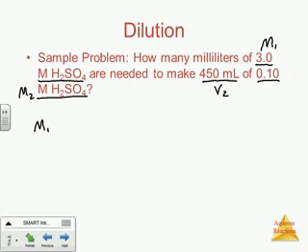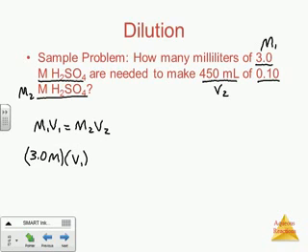Alright, so here's our equation, M1V1 equals M2V2. Our first molarity is 3.0 molar. We multiply that times our V1, that's our unknown here, and that's going to be equal to 0.10 molar. Now here's the question, do we have to change this into liters or not?